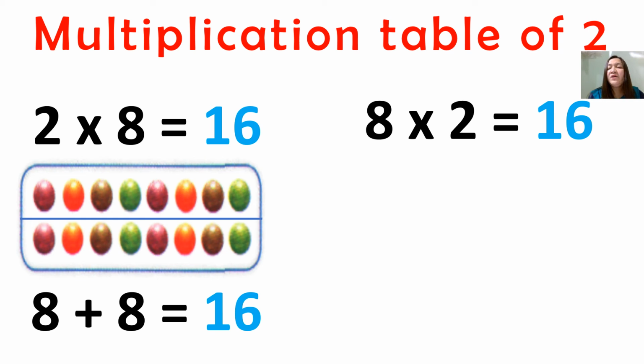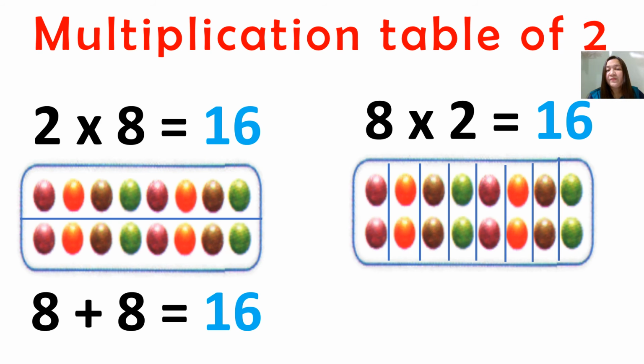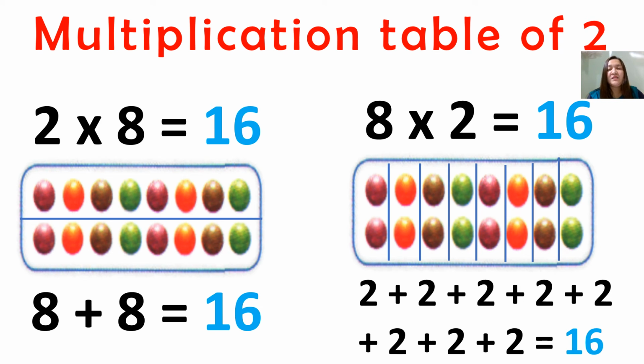So how many groups of 2 do we have? Very good. We have 8 groups of 2. And how do we write this in addition form? 2 plus 2 plus 2 plus 2 plus 2 plus 2 plus 2 plus 2 is equal to 16.